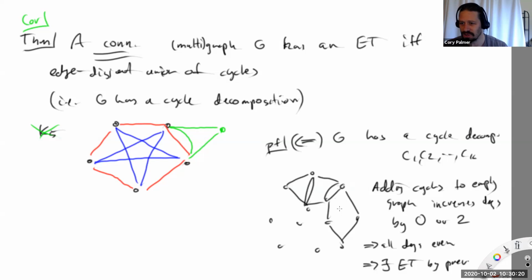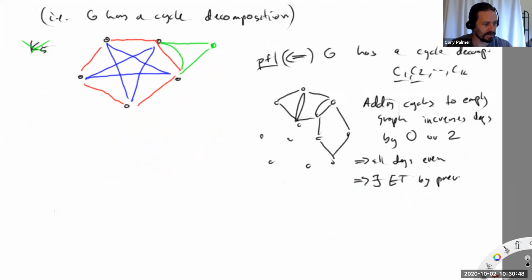If they're not shared, then just keep both in mind, and eventually they'll get appended. Or maybe a better way is to lay down these cycles in such a way that at each step you're connected. Lay down a cycle, then the next cycle, making sure it shares some vertices with the previous cycle. Then the next one, making sure it shares some vertices with the previous thing, and just keep adding these loops on, and that'll be your Euler tour at the end too. So we don't need to invoke the previous theorem, but we did.